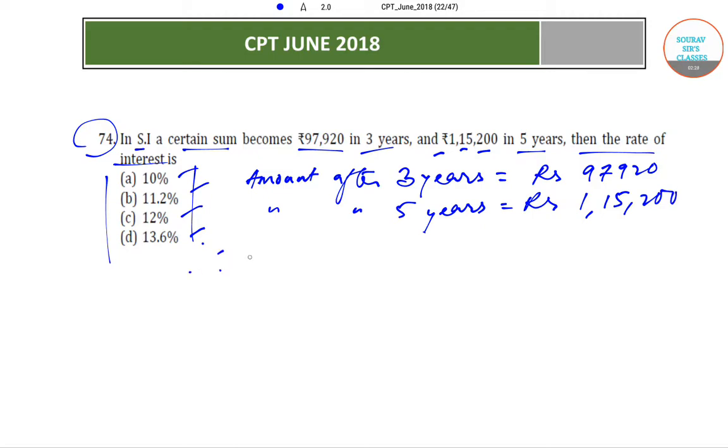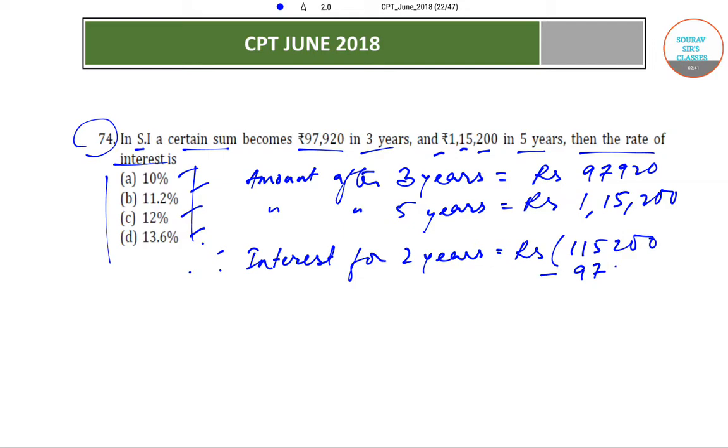So therefore we can say that interest for 2 years is equal to rupees 115,200 minus 97,920, and this is equal to rupees 17,280. So the interest for 2 years is rupees 17,280.